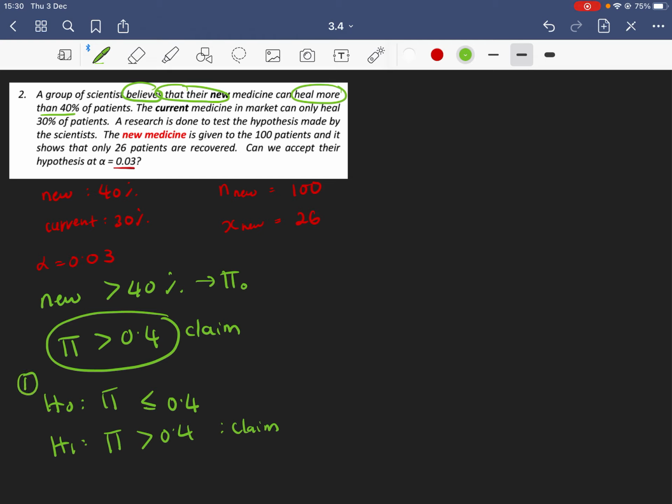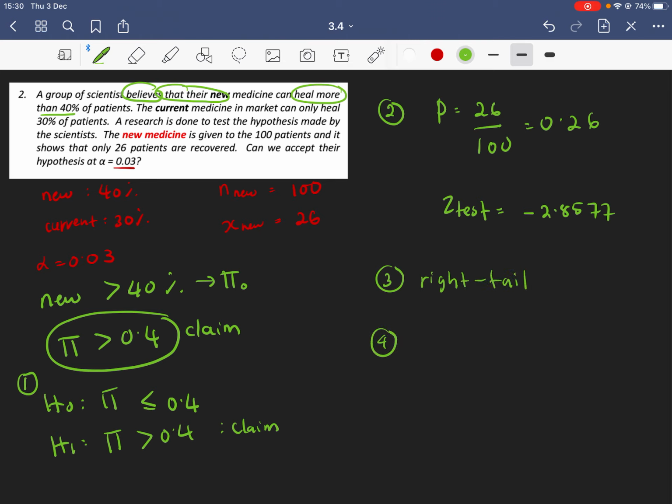Step number 1 done. Step number 2, find the P first. P is 26 over 100, 0.26. And the rest of it you can continue. I get the Z test equal to negative 2.8577. Step number 3, one tail or two tail: it is a right tail.